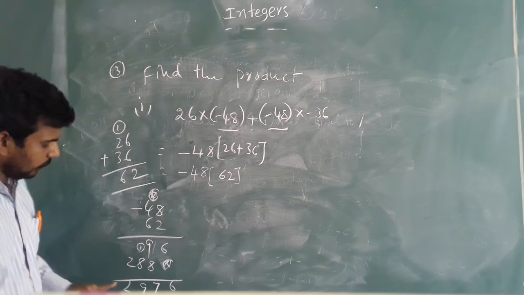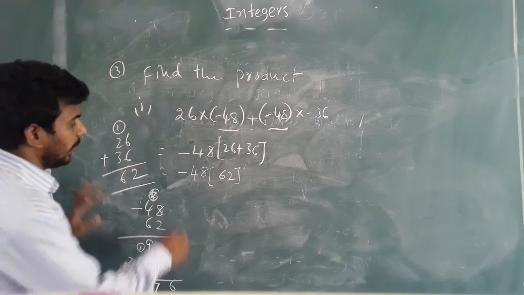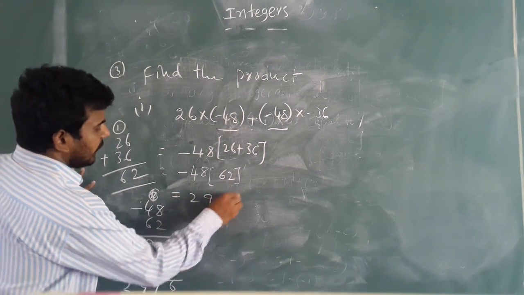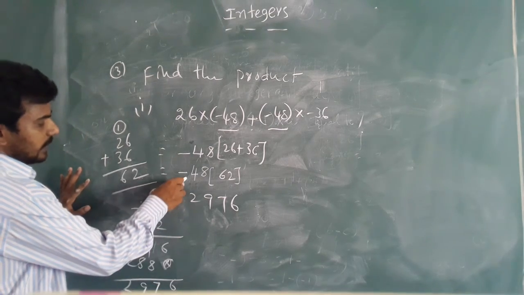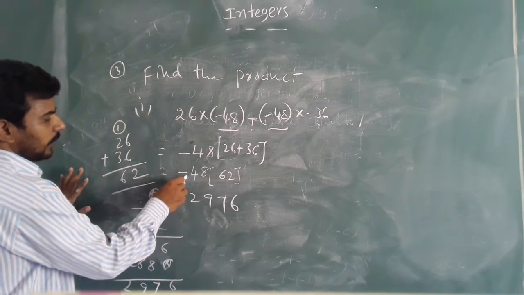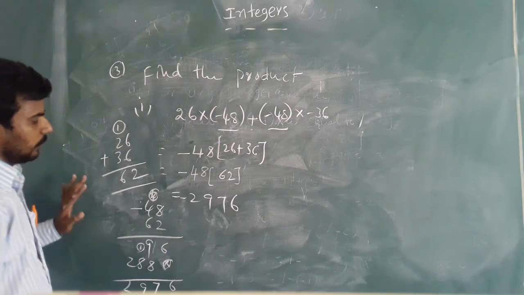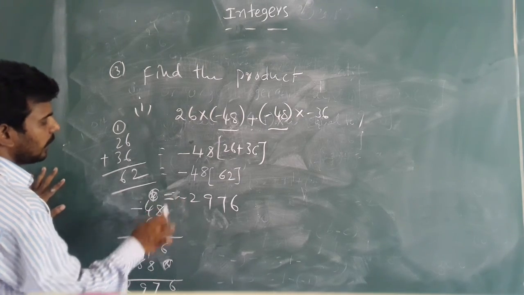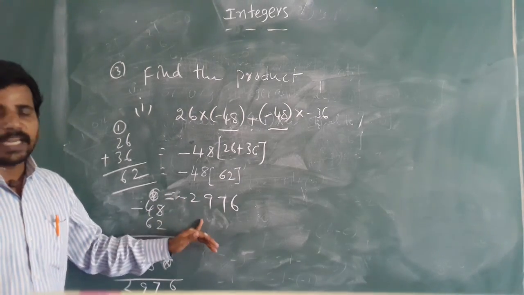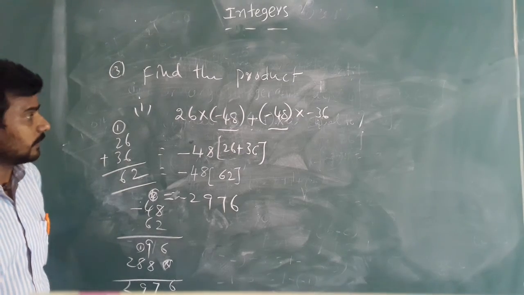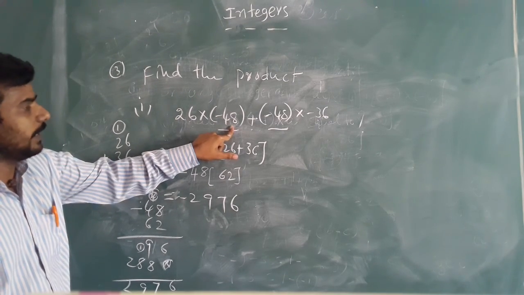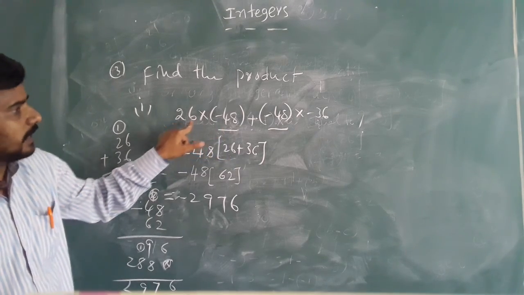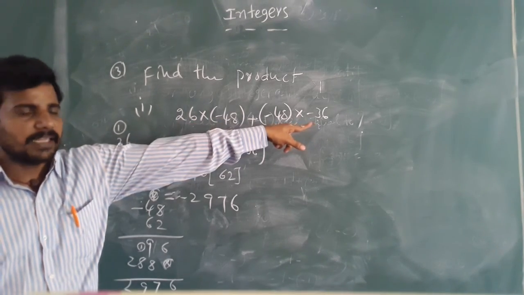So what is this value? 2976. But this is negative times positive. Negative into positive is negative. So what is the final answer, children? Minus 2976 is the answer. Once again, children, this is the A value, minus 48, B value 26 and C value minus 36.